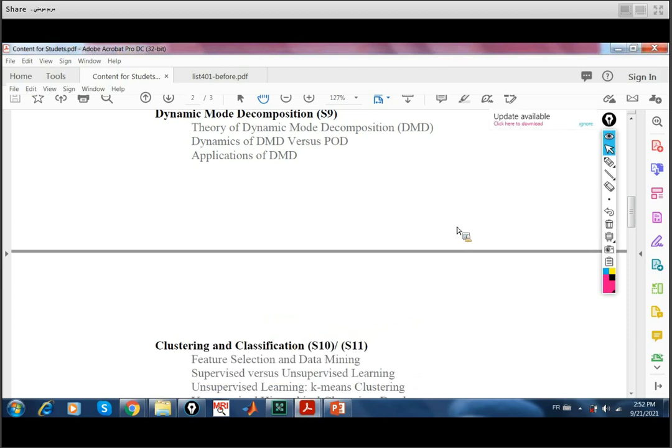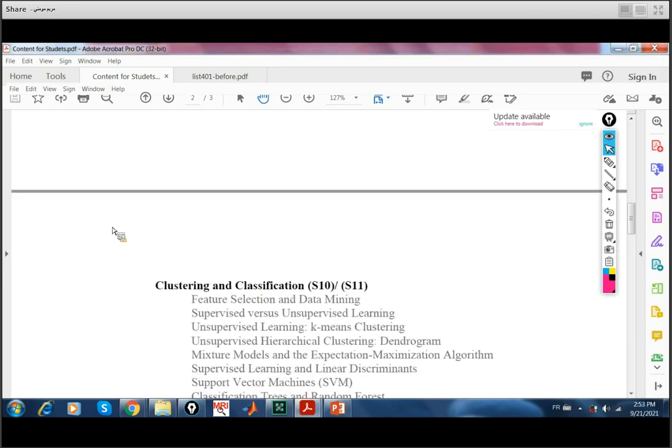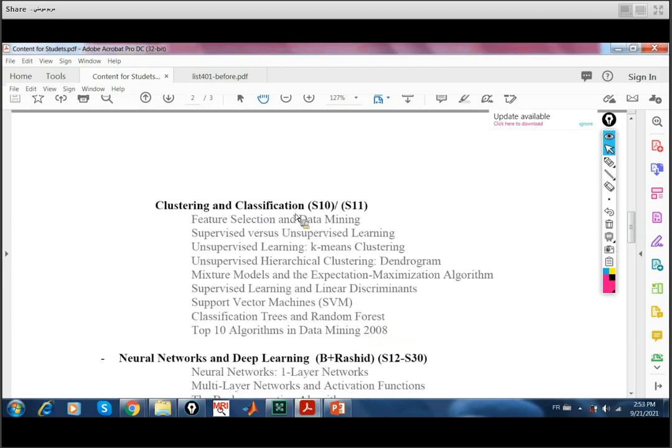Another major and essential topic in this field is clustering and classification. You know, in machine learning, for example, after we have data, we extract a feature. I will write it with my mouse.